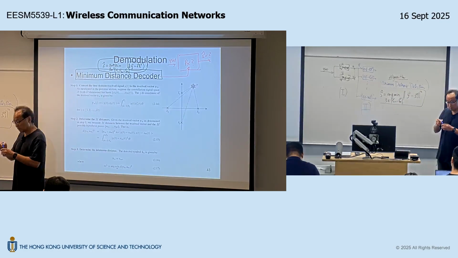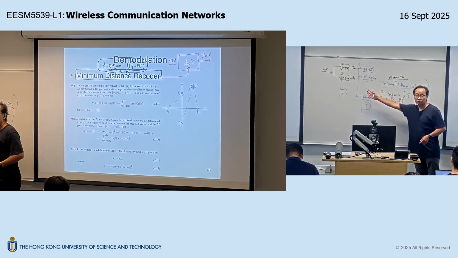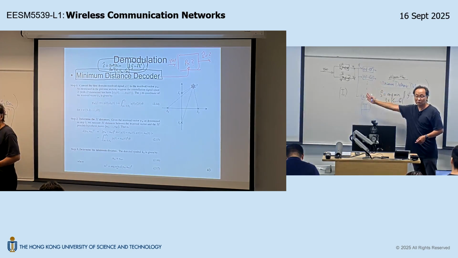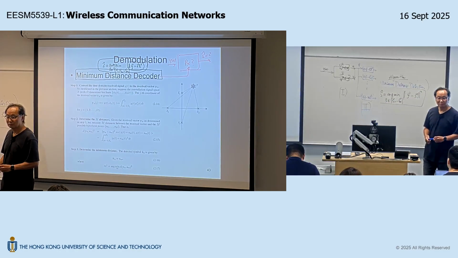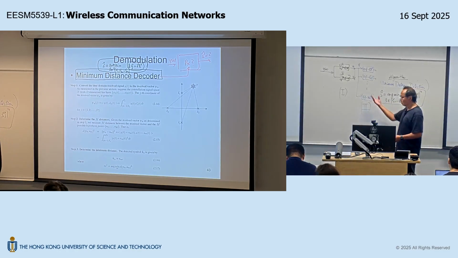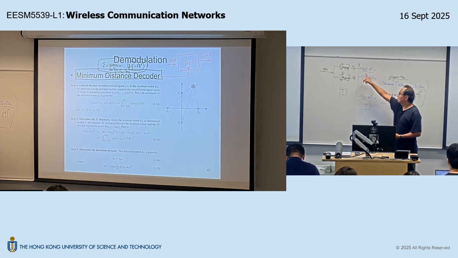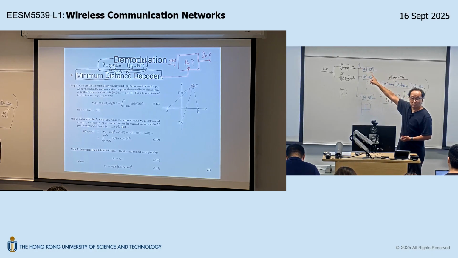So in terms of implementation, where would you compute this? Would you do it in the analog domain or digital domain? Obviously, you know the Euclidean distance, you know the coordinate of y, you know the coordinate of S1, right? If I ask you to write a C program to compute this, it would be pretty straightforward.